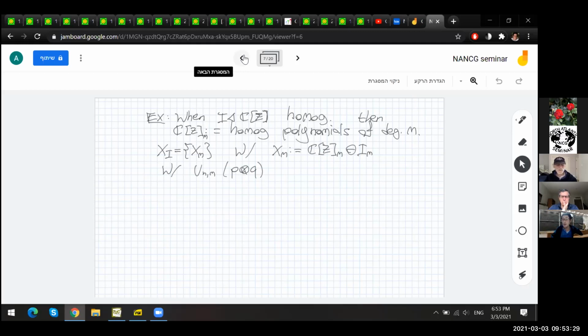Xm is just the orthogonal complement of I_m inside all homogeneous polynomials of degree m.